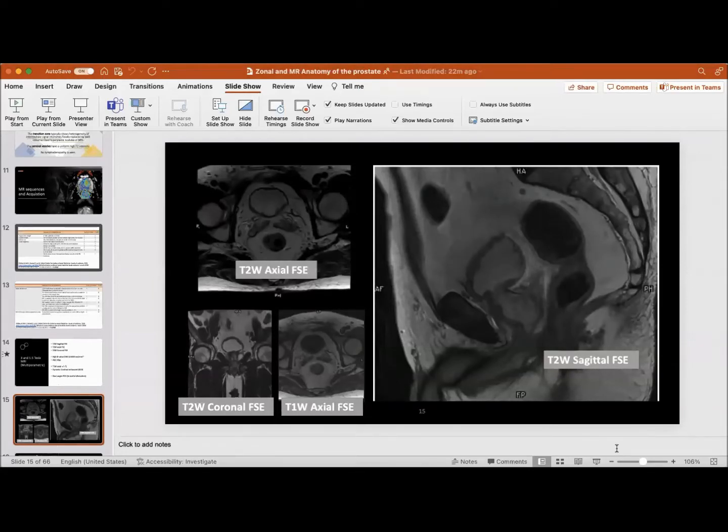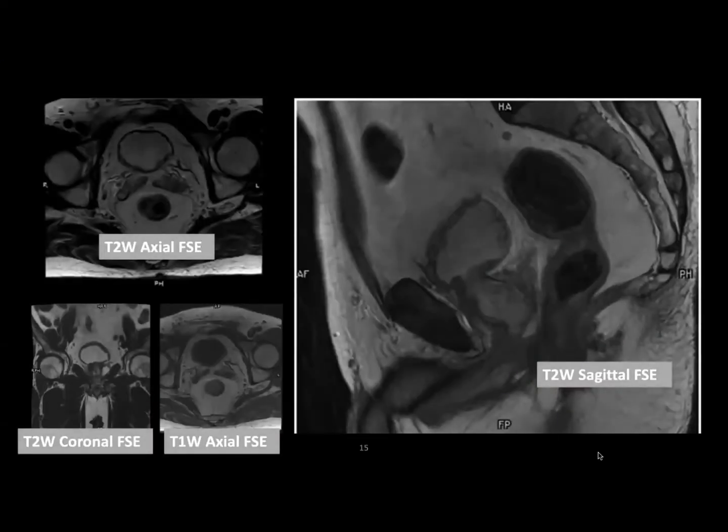All right, so in this, we can see that on the top left, this is an axial T2 weighted sequence. How to recognize a T2 weighted sequence? You will see bright signals within the urinary bladder. On the right, you have a sagittal T2 sequence. Again, you have bright signals within the urinary bladder. This is how you identify a T2 weighted sequence.